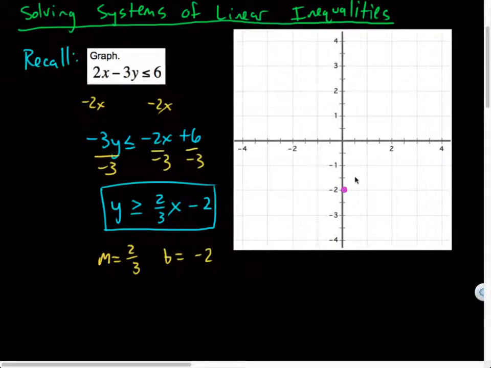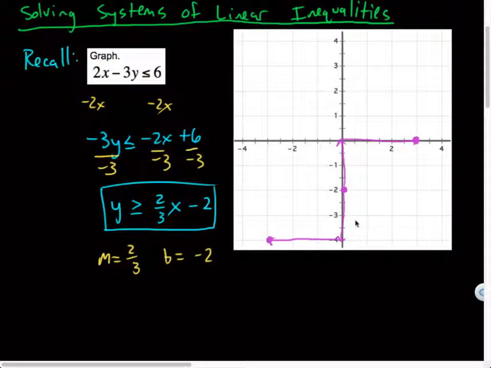And for the slope of 2/3, I would go up 2 units and over 3 units, somewhere like that, and that would be another point on my line. I also could go down 2 and left 3. If I want to go down 2 and left 3, negative 2 divided by negative 3 is still positive 2/3. So you could do that as well.